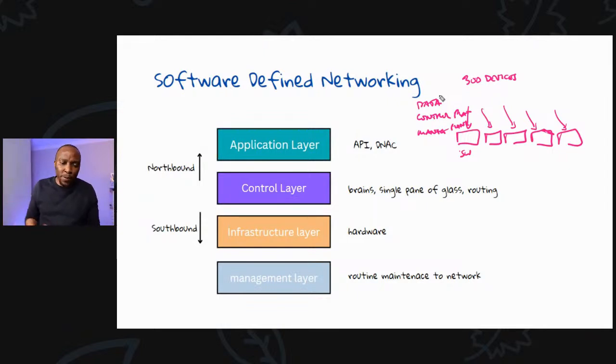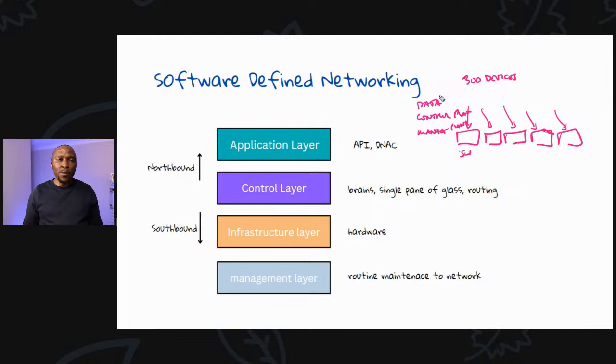Now, there are softwares such as Cisco Prime that simplified that whole process and allowed you to at least manage multiple devices at the same time, send one command that goes to multiple devices, but you are still dealing with that one-to-one.